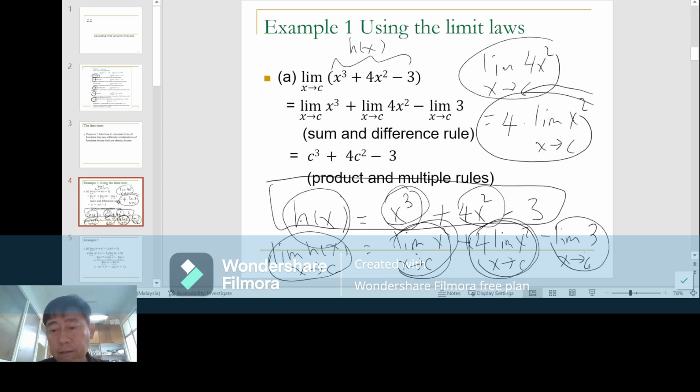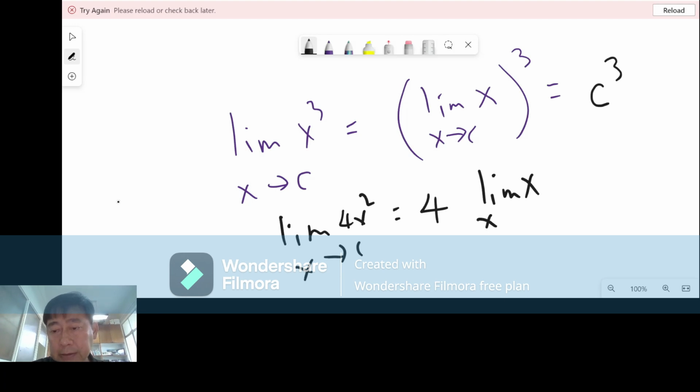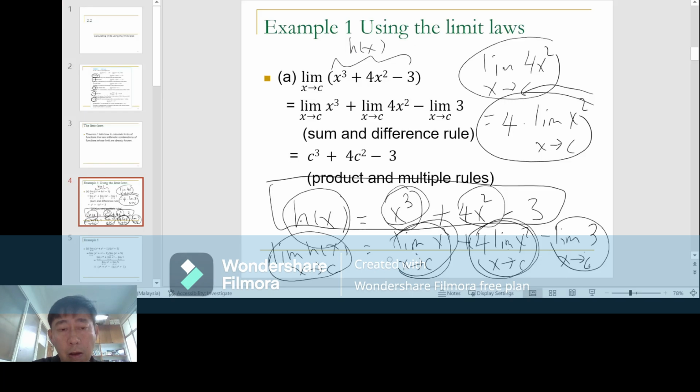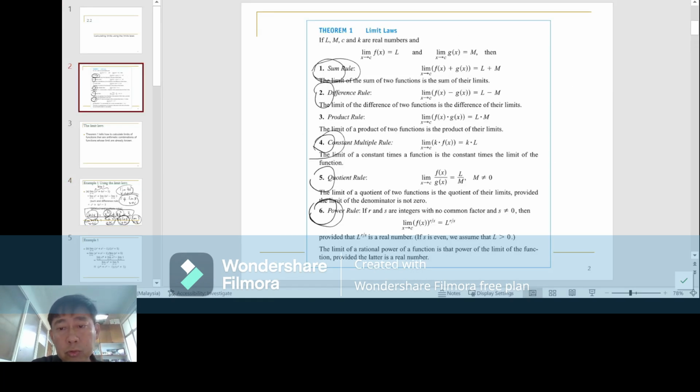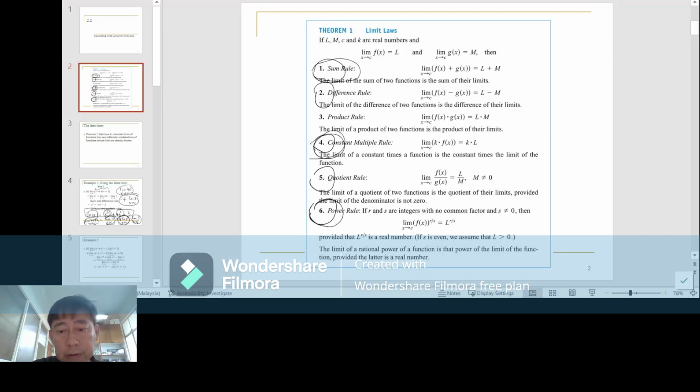For this one, 4 times the limit of x squared, it is just equal to this. The limit of 4x squared when x tends to c is just equal to 4 times the limit of x when x tends to c, the whole thing squared. So when I write down from here to here, I am actually making use of rule number 4, where I separate the value of 4 from the rest. Then when I write down this term, I am actually making use of the power rule.